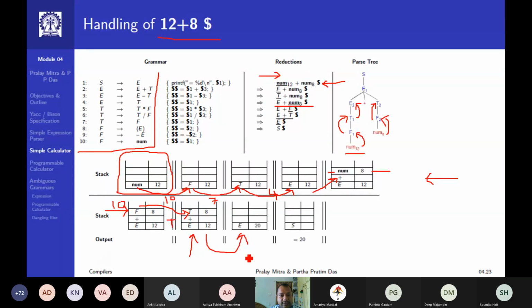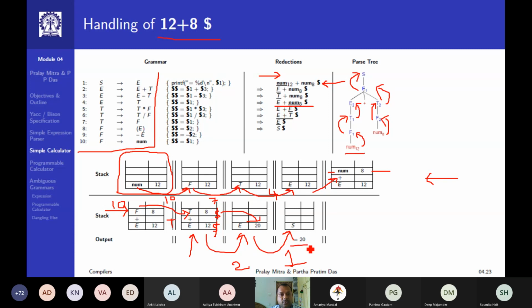From 2 I am moving E plus T to E. And for production rule 2, what is my action? $$ equals $1 plus $3. Now this is my $1 and this is my $3. After the addition, I am placing that one back here in the $$, that is my 20. Now I will use production rule 1 to reduce it to S.